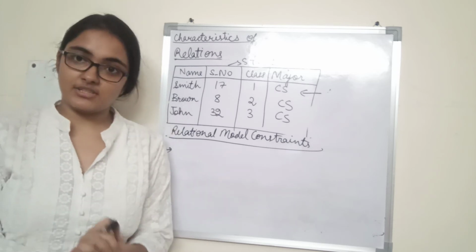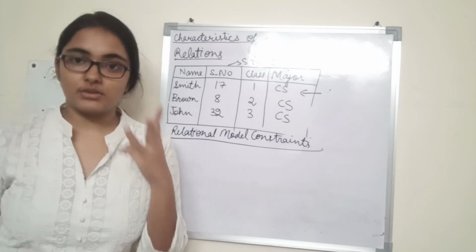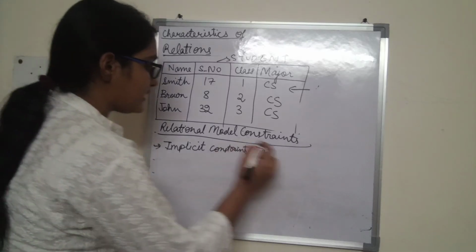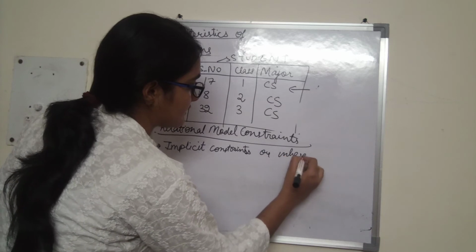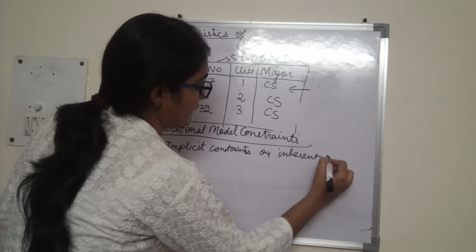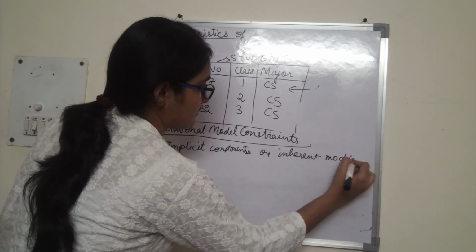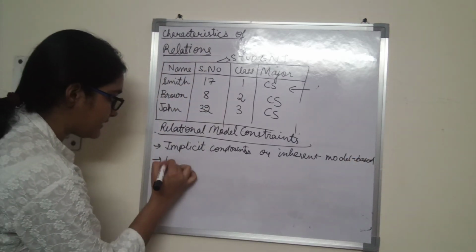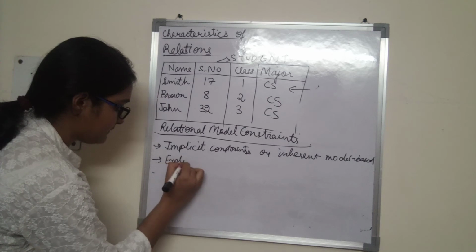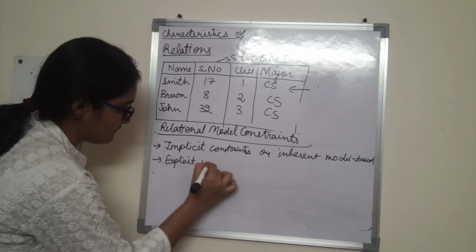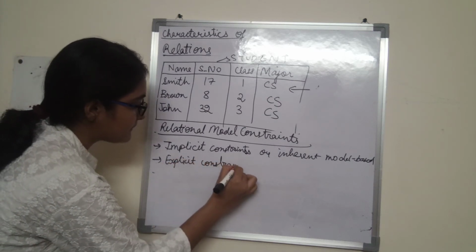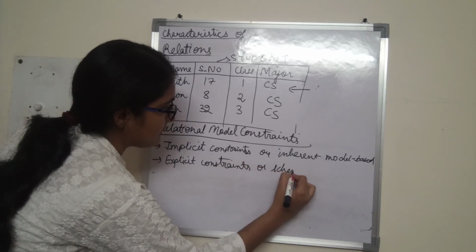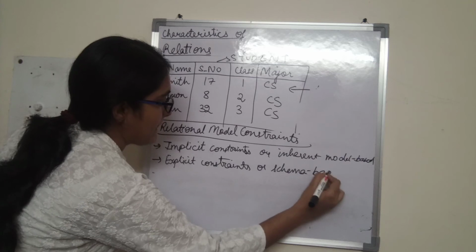So these constraints can be majorly classified into three types. First one is implicit constraints or inherent model based constraints. Second one is explicit constraints or schema based constraints.